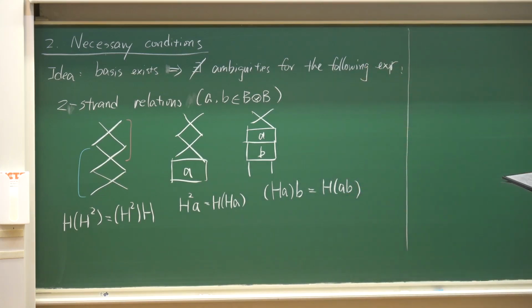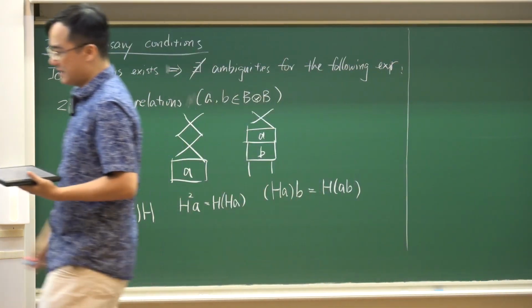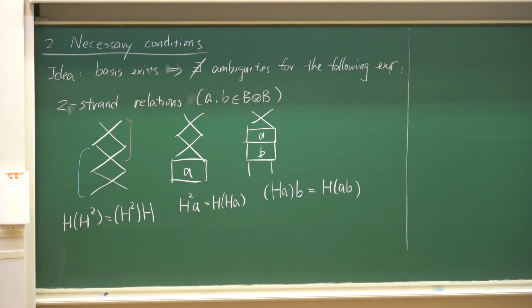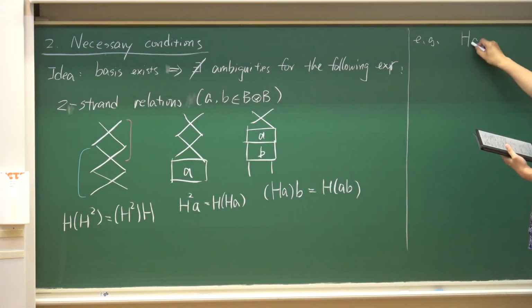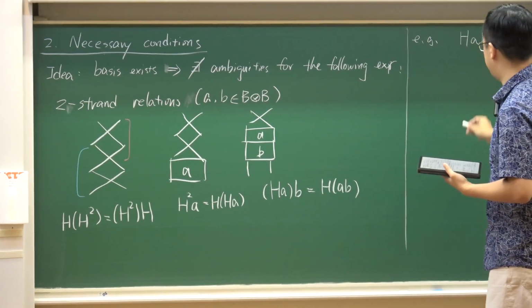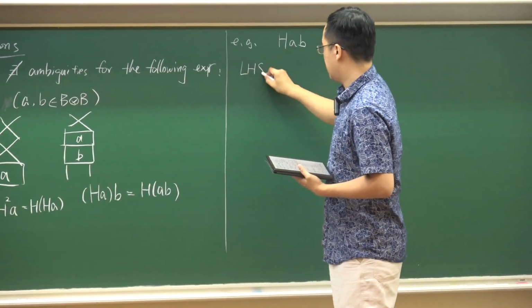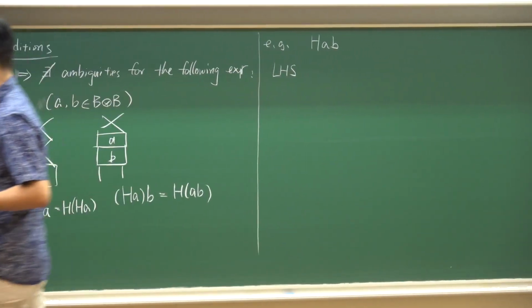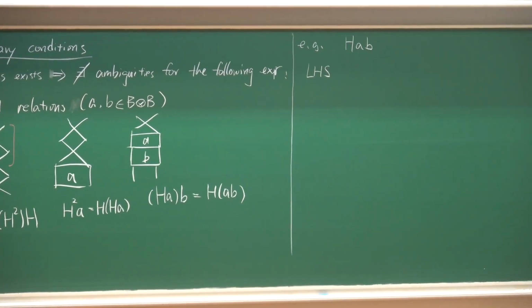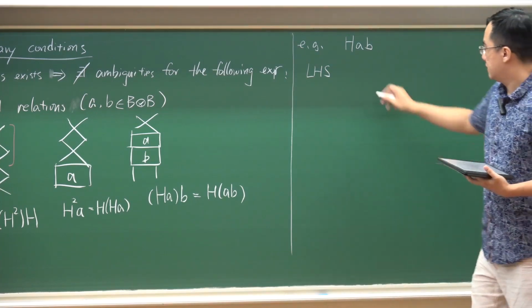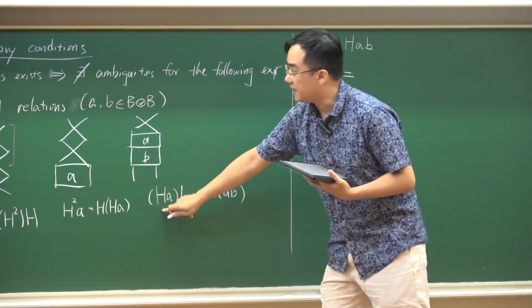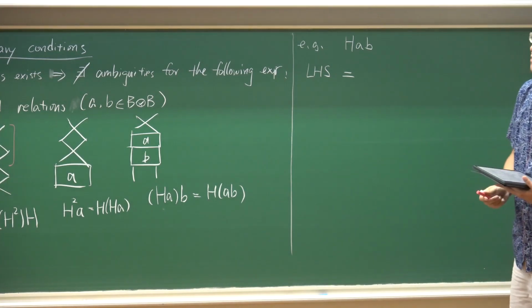And actually, this is one, I think, important expression that we need to look at. For HAB, because we want it to be an associative algebra, these must be the same. For the left-hand side, maybe I should use a different color again, just for clarity. You want to resolve this HA using the Wreath relation.